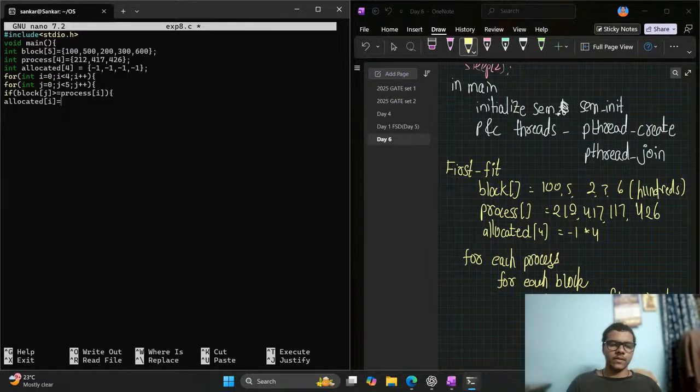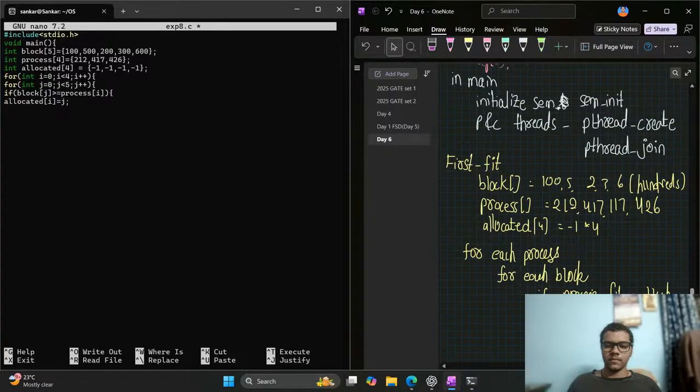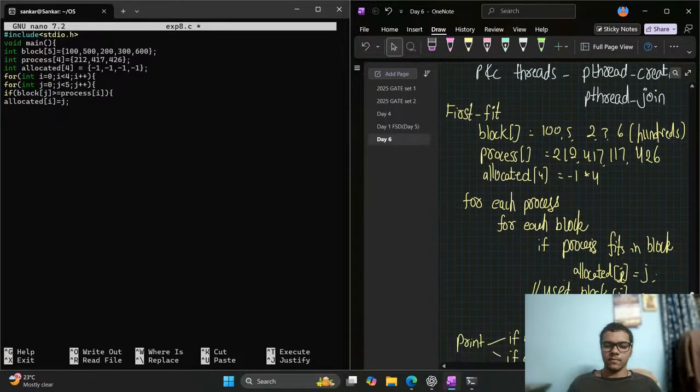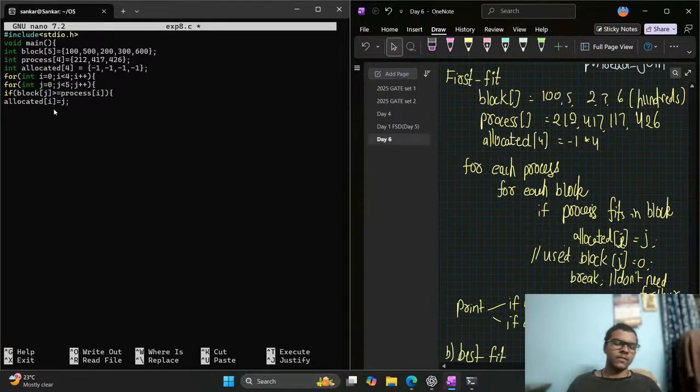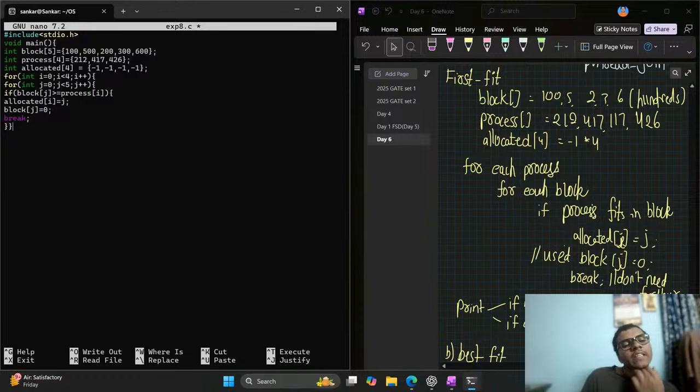We will allocate it. So you will allocate it, and block of j will be 0 for further iterations. You don't need it further. So you got the allocated block.